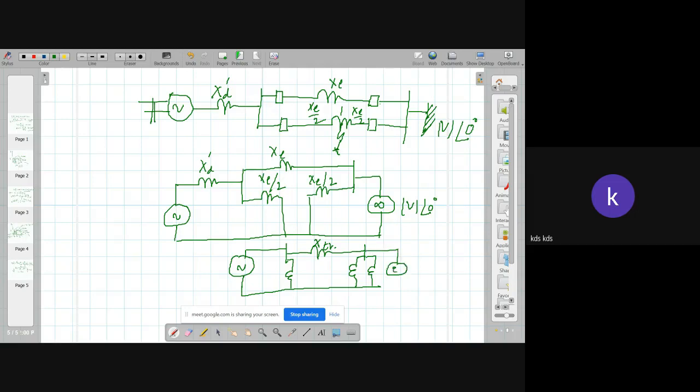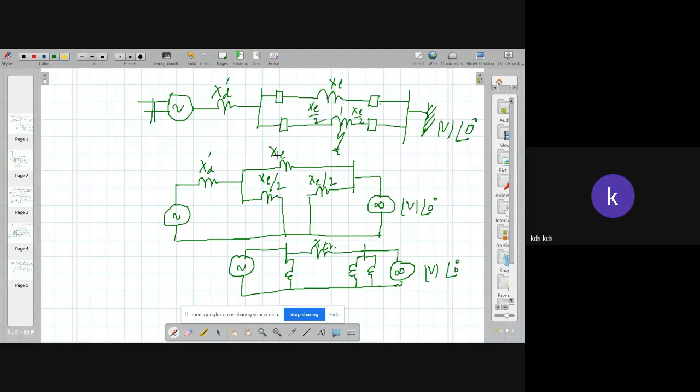I have already explained how to solve the star delta transformation so as to find out the Pmax during fault conditions, right?